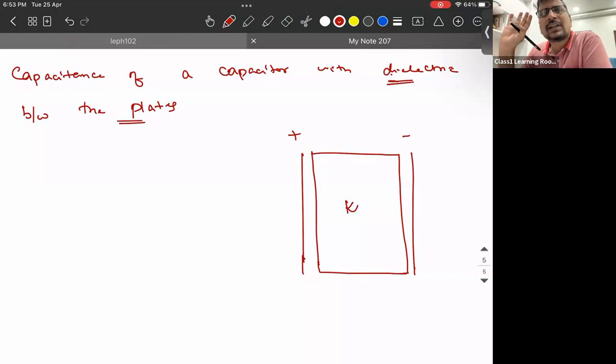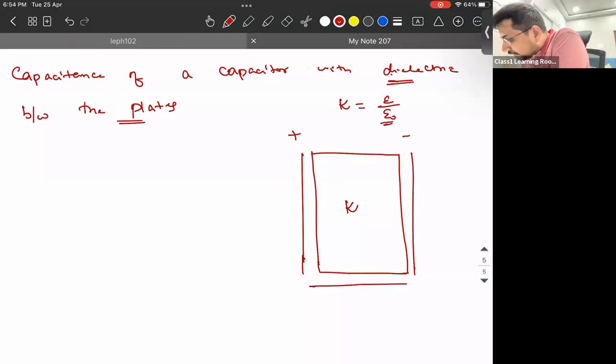As of now, we can call it K also. But one thing to be remembered is kappa is defined as the ratio of epsilon by epsilon naught. Epsilon is the permittivity of any medium, epsilon naught is the permittivity of free space. And this dielectric is completely filled between the plates of the capacitor.